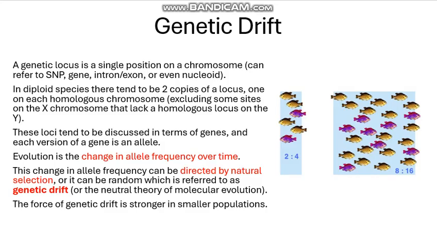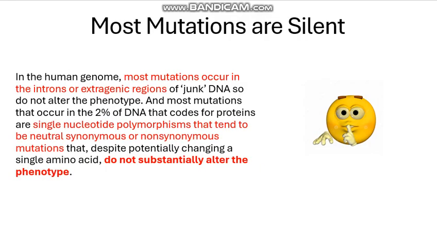So basically this means in smaller populations, the effects of genetic drift are going to be more powerful, because if there are fewer individuals with a certain allele, their death is going to have a greater consequence on the allele frequency.